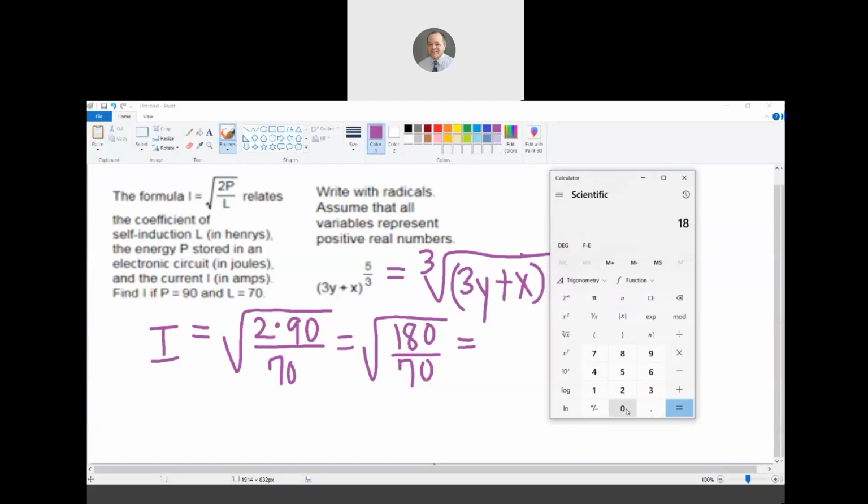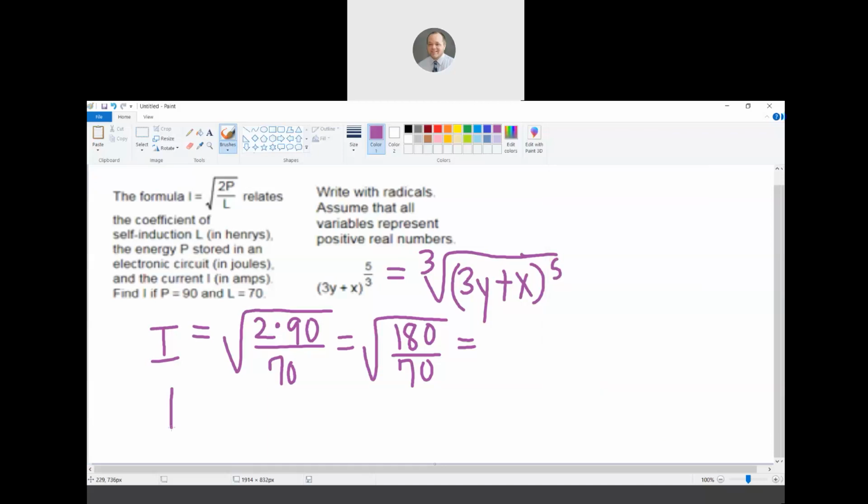So I'll do 180 divided by 70, get that decimal answer, and then take the square root of it. When we take the square root, we get approximately 1.6 amps. So that problem wasn't too bad. Just use the formula, plug in the given values to find the missing value.